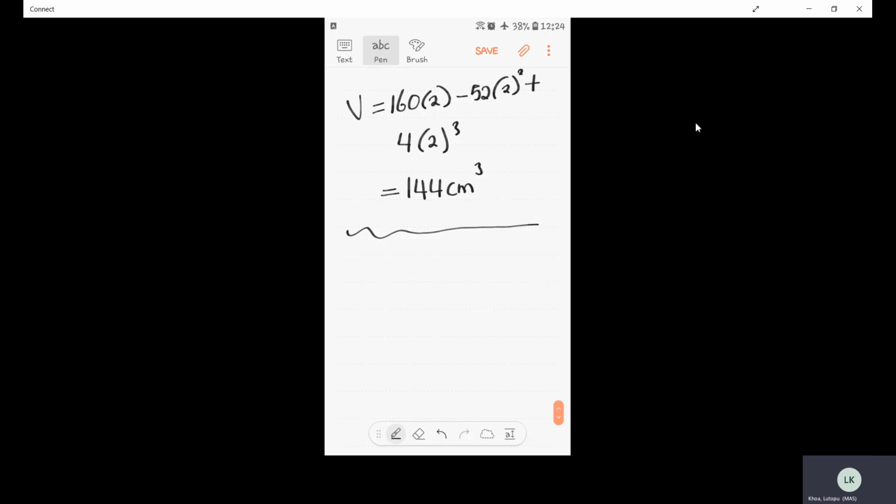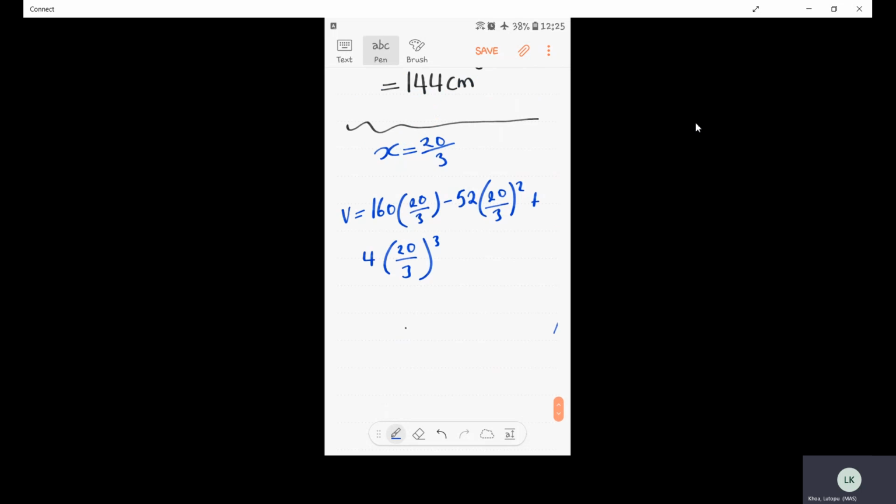And then for interest sake, you can also work out what the area would be if you cut out squares with lengths 20 over 3. So this is just for interest sake. So if x is equal to 20 over 3, you would get volume, which is equal to 160 times 20 over 3 minus 52 times 20 over 3 squared plus 4 times 20 over 3 cubed.